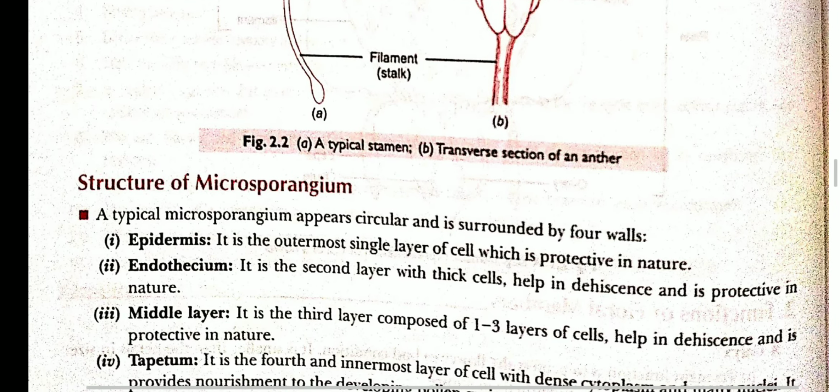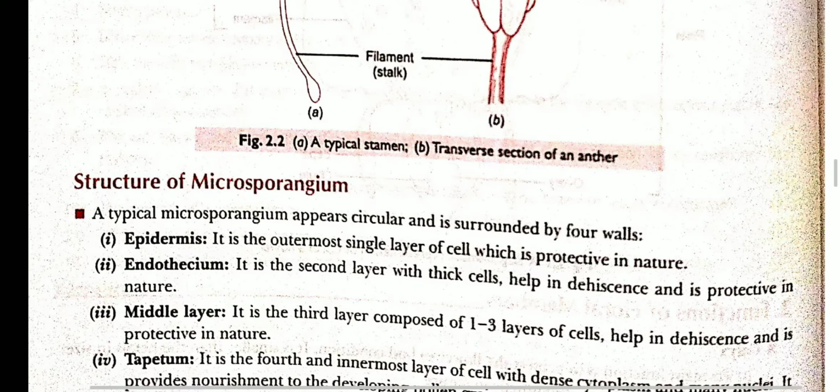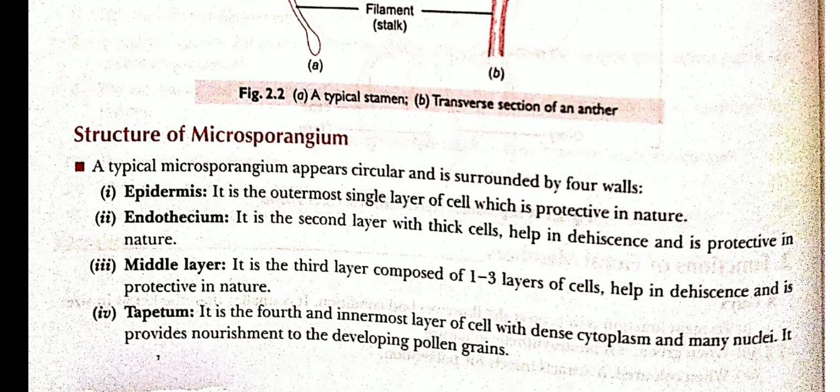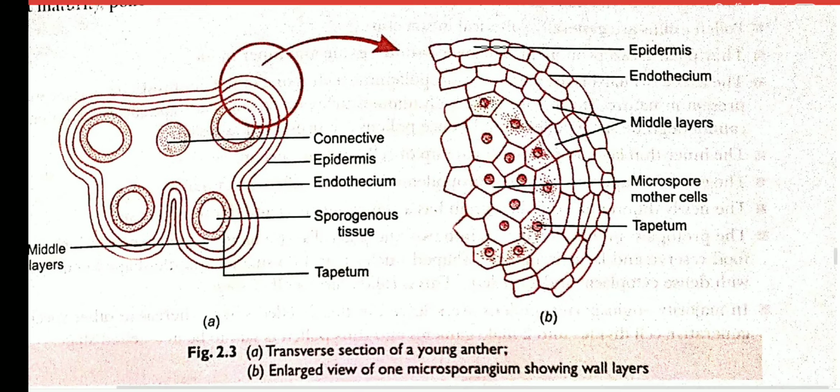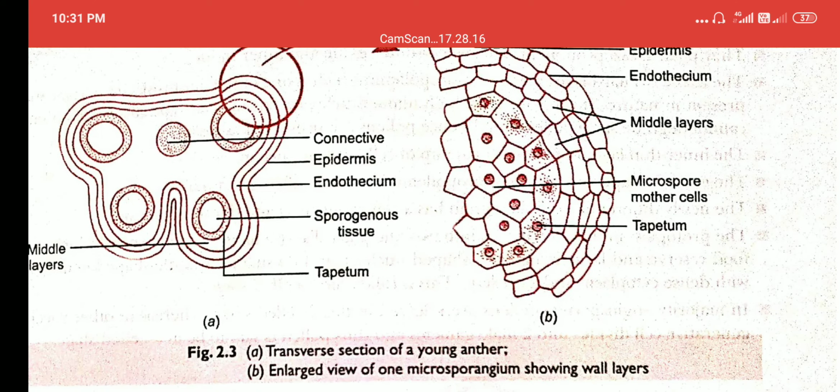Now, the structure of microsporangium. A typical microsporangium appears circular and is surrounded by four wall layers, namely epidermis, endothecium, middle layers and tapetum. Here in diagram B, the four layers are shown.